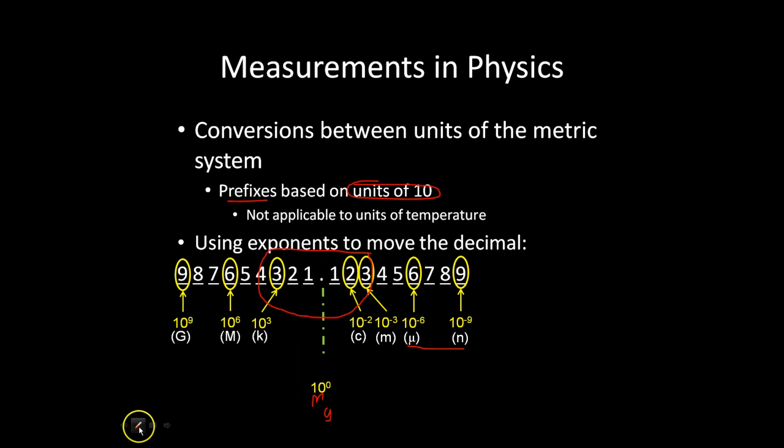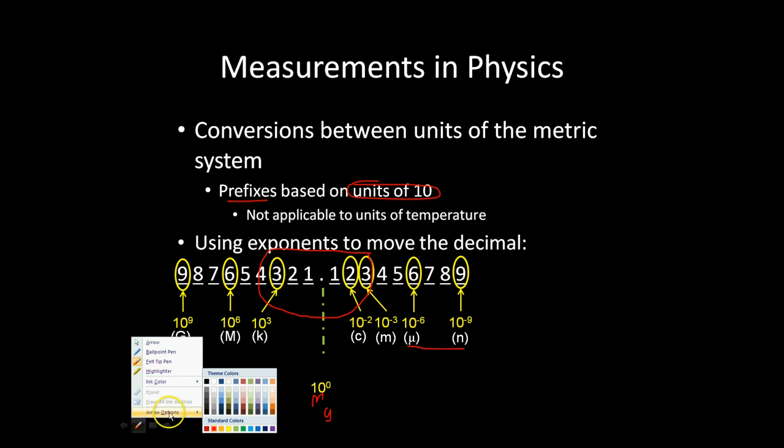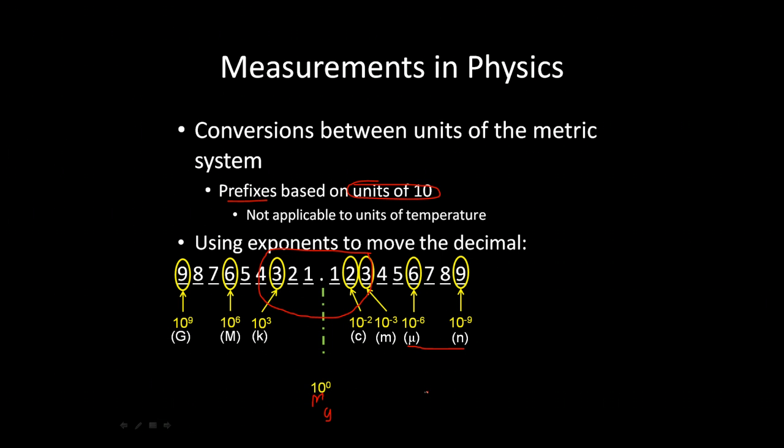All right, so we can think about this here. If we have 0.005 kilograms and we want to change that unit to milligrams, all we have to do is figure out where we're coming from and where we're going to, and then figure out how many places between there and which direction.